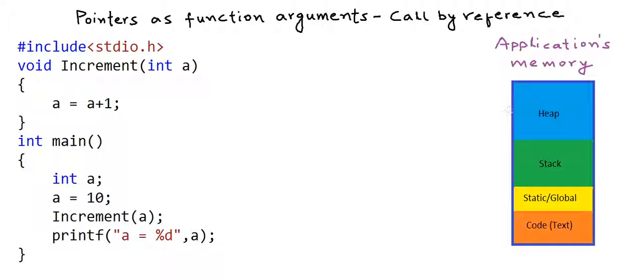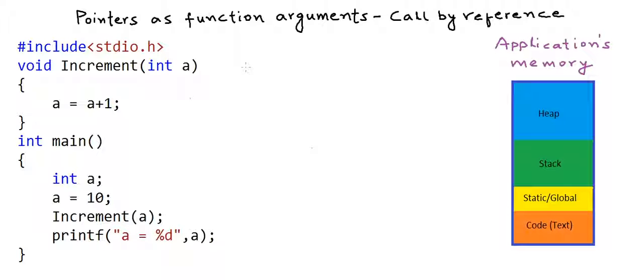Of these four segments of the allocated memory, the text segment, the global variable segment, and the stack segment, these three are fixed and they are decided when the program starts executing. The application, however, can keep asking for more memory for its heap segment during its execution only. We will cover all of these things in detail in our forthcoming lessons. Please do not get scared by these terms.